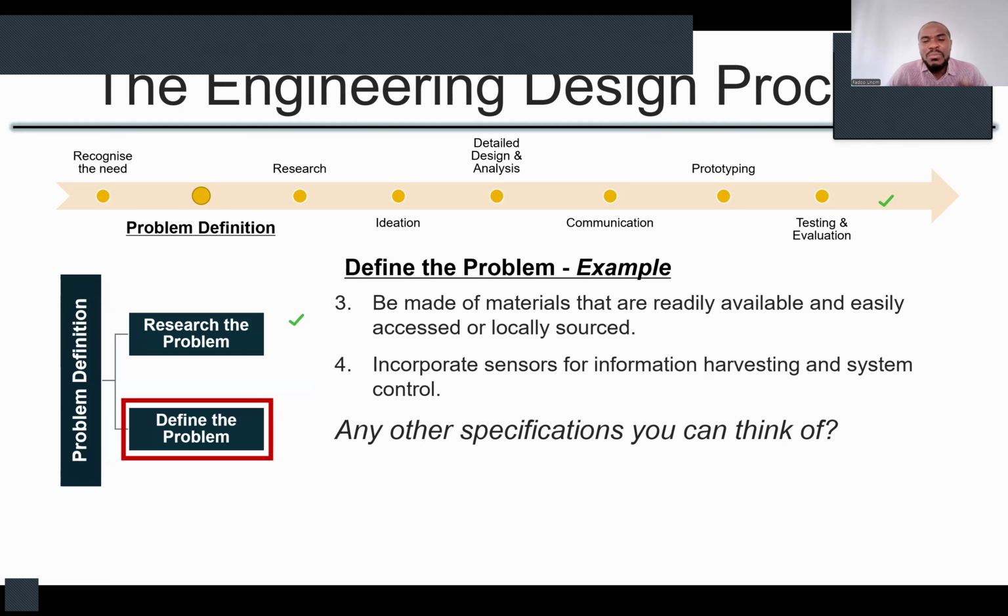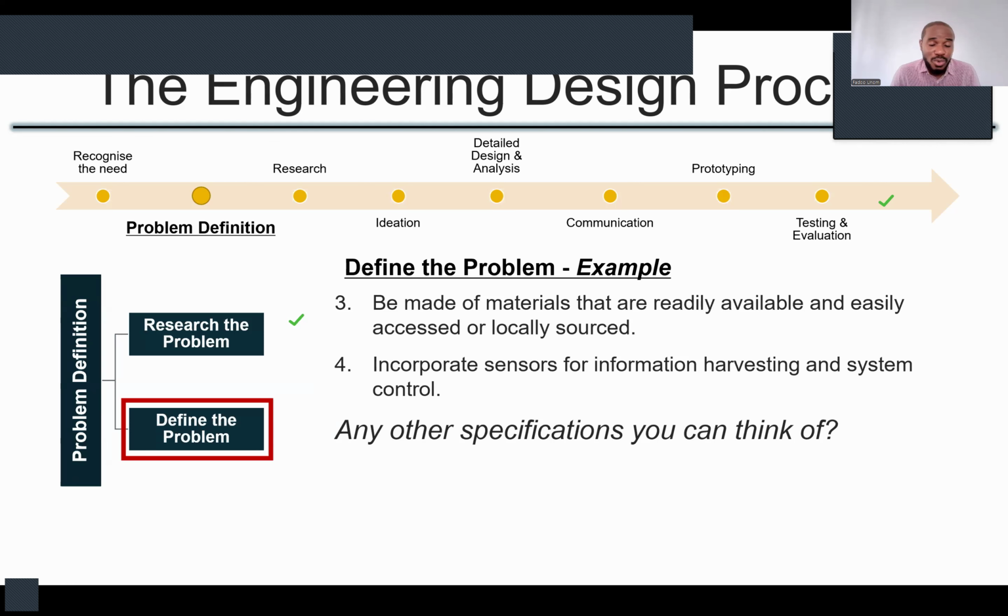Three, it should be made of materials that are readily available and easily accessed locally. Okay, we don't want the material that you have to send to China before it comes, or you have to send to Kenya or South Africa. All right? We want locally sourced materials. Four, we want to incorporate sensors for information harvesting and system control.